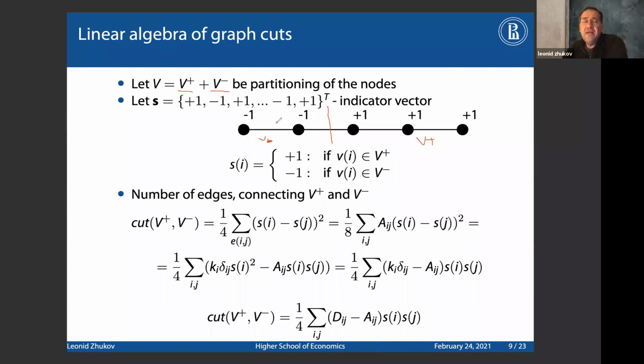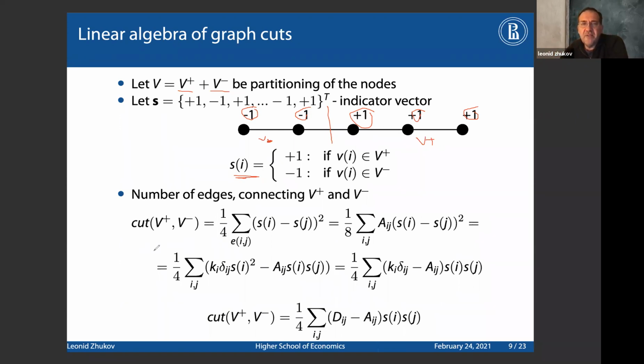The nodes that belong to the minus group have a label of -1, and those that belong to the plus group have a label of +1. So it's just an indicator vector. The vector is the length of the number of nodes in the graph, and it has minus ones for nodes that belong to one partition and plus ones for those that belong to the other.